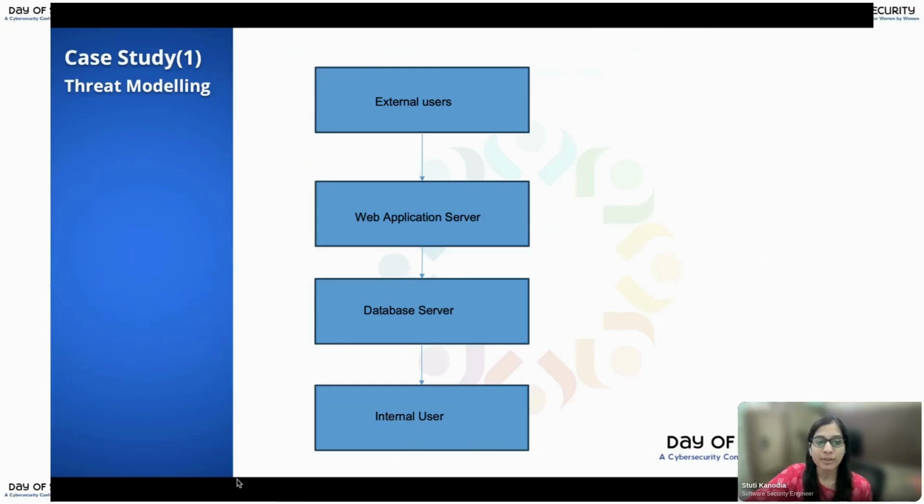Mostly what attack I can see from my side, I can explain. There could be a possibility like unauthorized access to the database could be given by... I think two people have requested to speak.